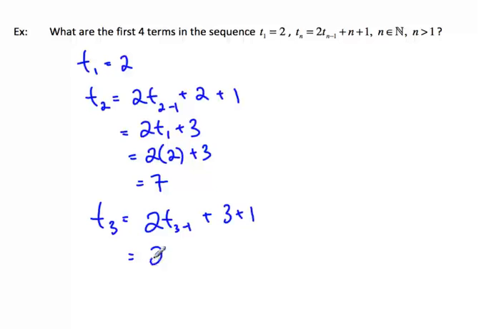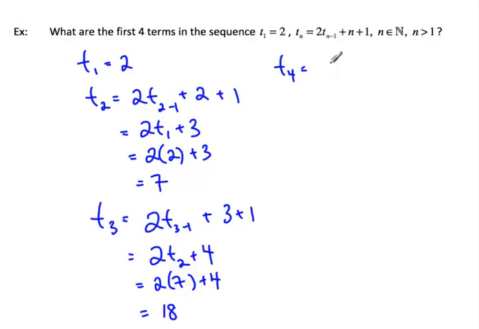Therefore, term 3 is equal to 2 times term 2 plus 4. We look up term 2, that was 7, so we get 2 times 7 plus 4 is equal to 14 plus 4 is 18. And you can see that the tedious thing about the recursive definition is that if we wanted to work out term 1000, for example, we need to work out term 999. So it's not very helpful for large number terms in the sequence.